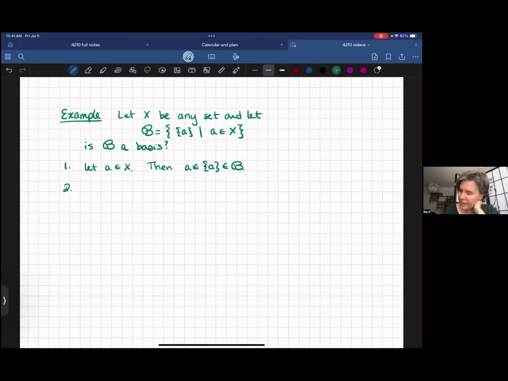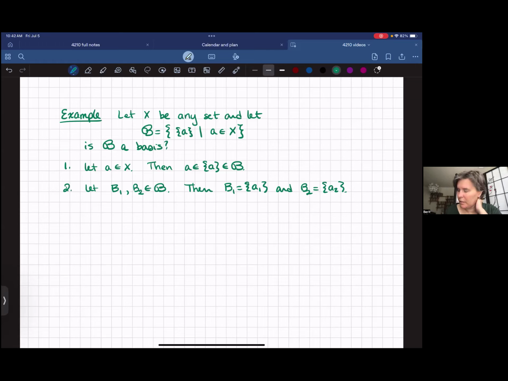All right, next. Let B1 and B2 be in B. So by the format of sets in B, B1 has to look like some set containing the point A1, and B2 looks like some set containing the point A2. And if they're equal, then their intersection is just themselves.